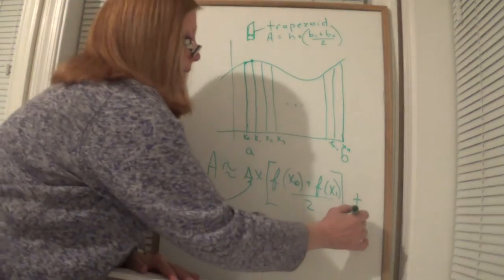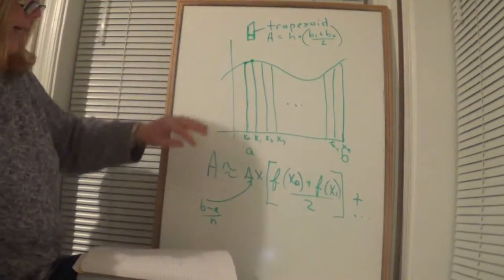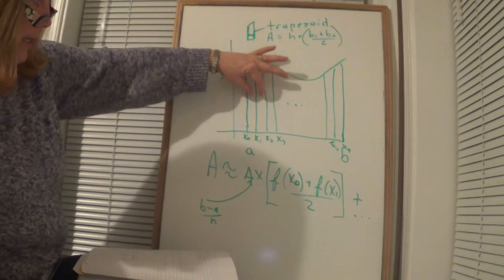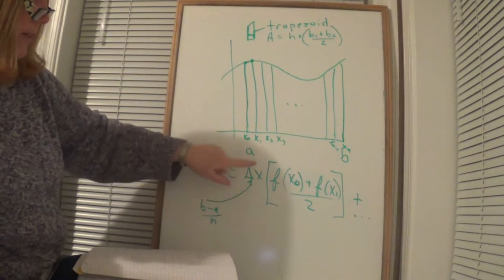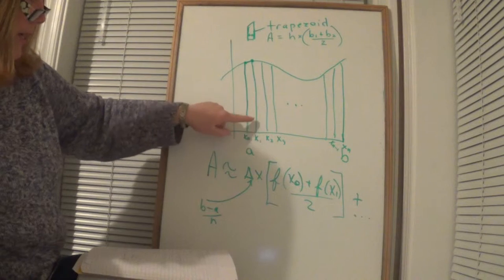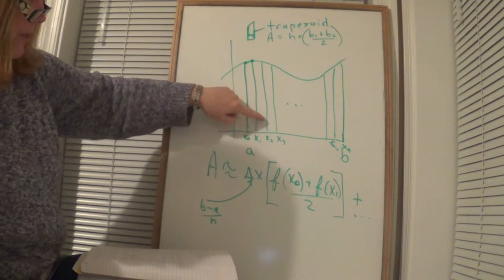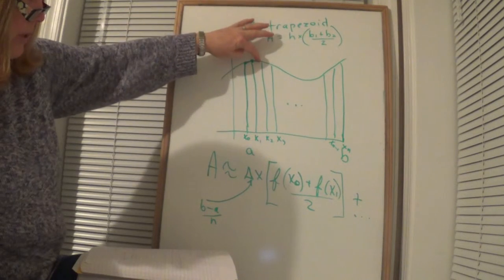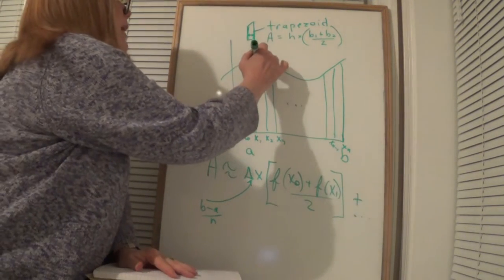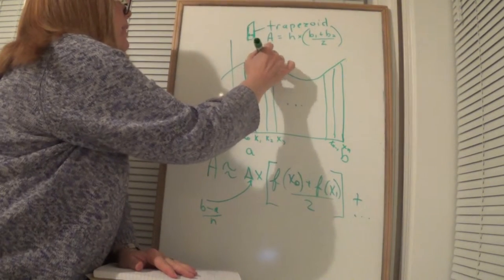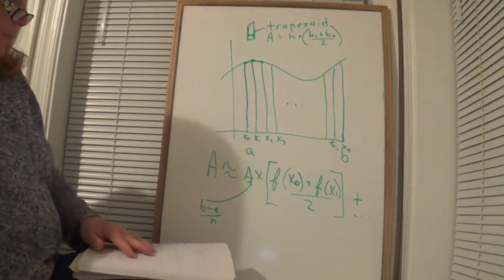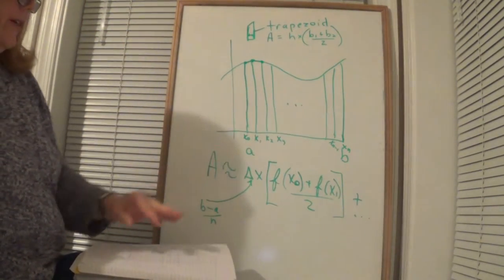I'm just going to put dot dot dot and say it out loud, not write it. The next box will be change of x times the function evaluated at x sub 1 plus the function evaluated at x sub 2. And those two will be added together and cut in half. Alright, so we'll do that over and over as we go.